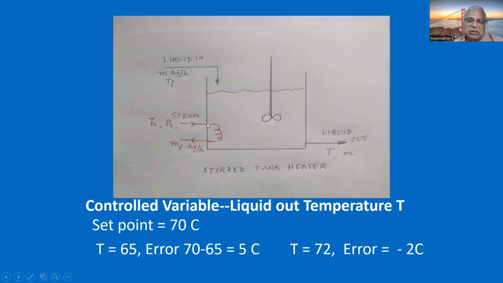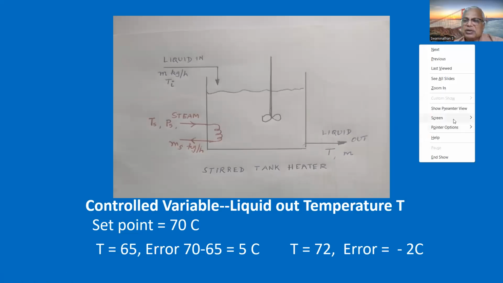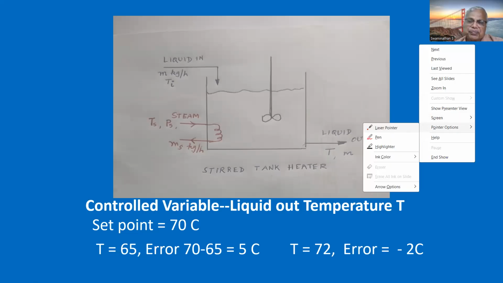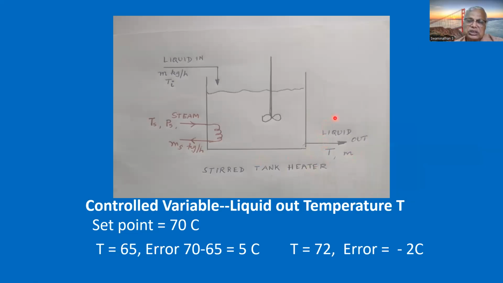So, coming back to this example, the stirred tank heater. The control variable is the liquid outlet temperature. So which variables can affect this variable? The liquid inlet flow rate. Suppose the liquid inlet flow rate is different from the designed value.